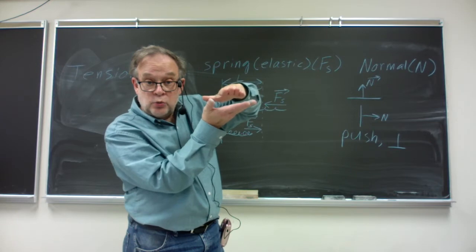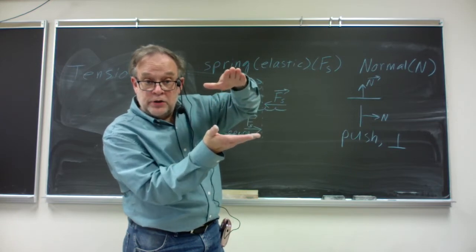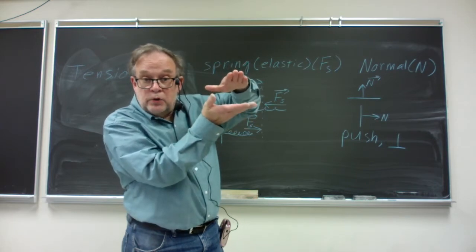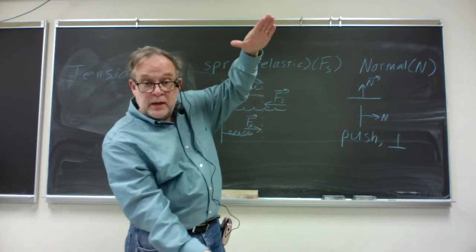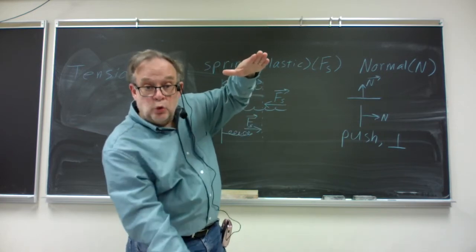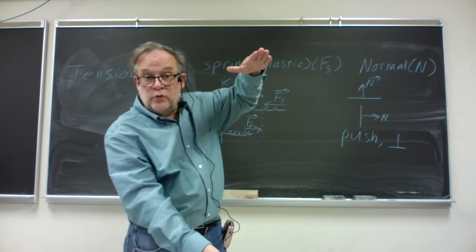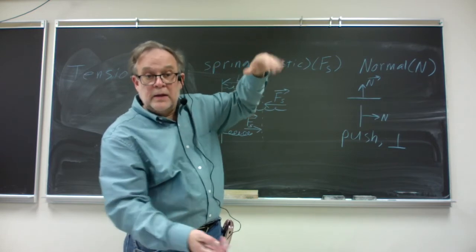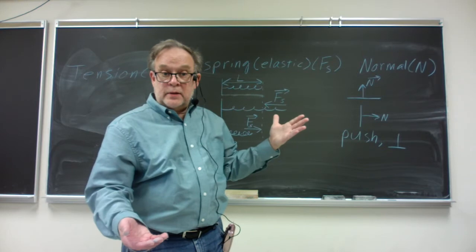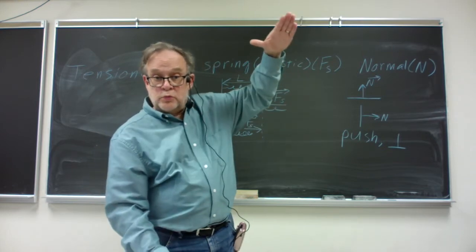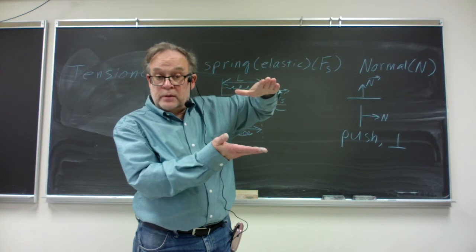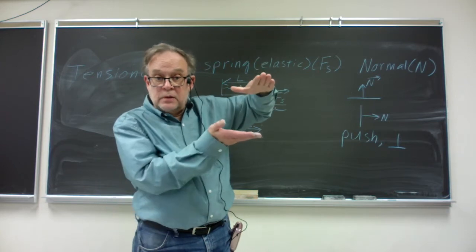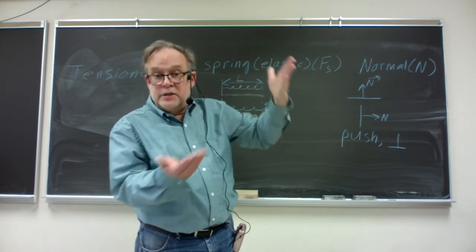That is, the molecules in the rope are now stretched a little farther apart than they would normally be, and like any elastic thing, they'll try to snap back to their original closer spacing, and in trying to snap back, they will pull up on whatever it is that was hanging at the bottom, whatever it is that was stretching the rope. And that pull, caused by the elasticity of the rope, as the molecules try to snap back to their original spacing, that pull is the tension force.